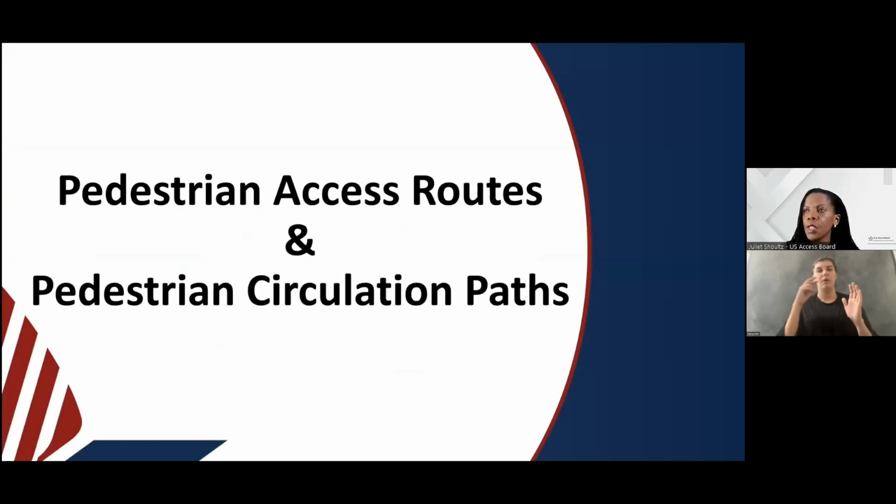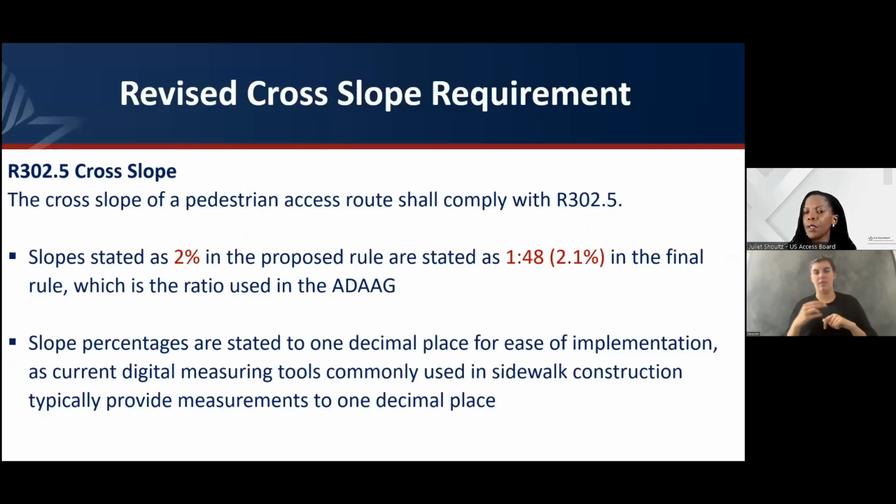Now we'll look at changes that pertain to pedestrian access routes and pedestrian circulation paths. For consistency with the ADA and ABA standards, which express slope only in ratios, in the final rule, slopes are expressed in both ratios and percentages.